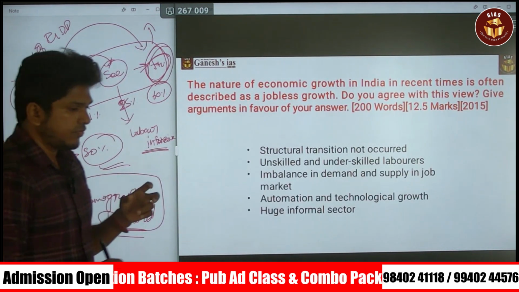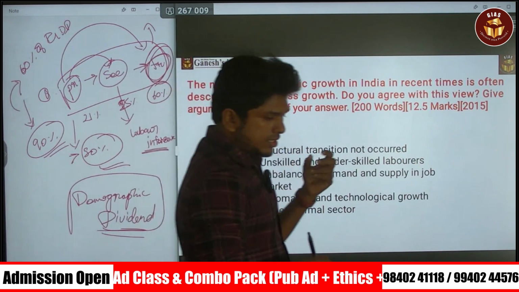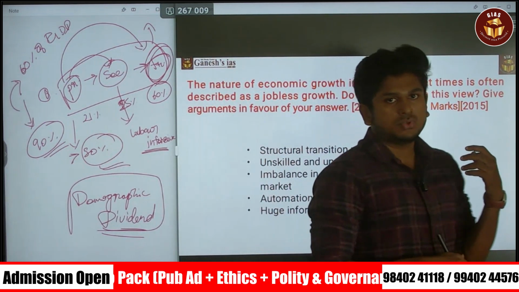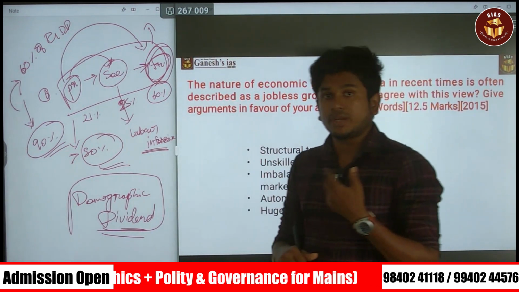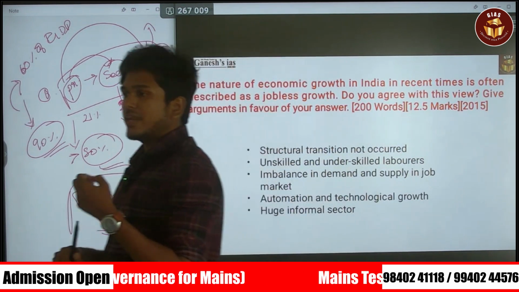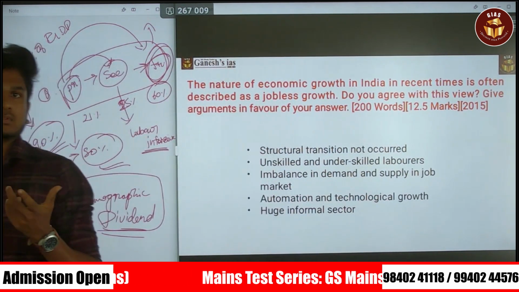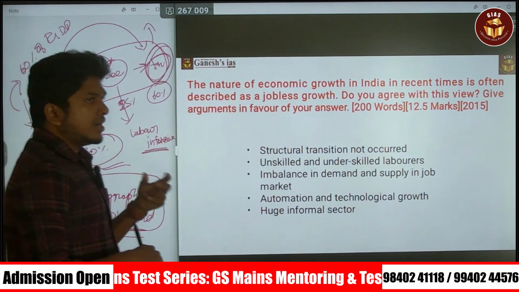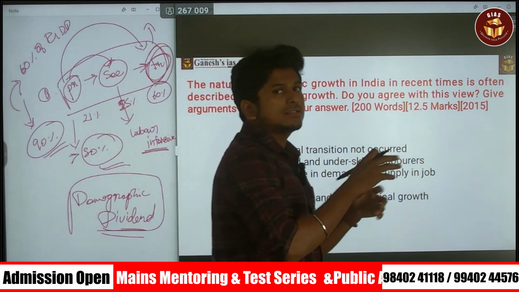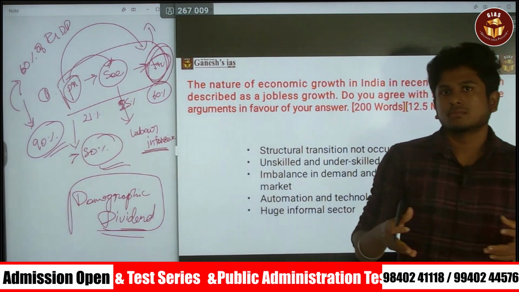So first you have to find what terminology is used. Here it is, do you agree, which means an opinion type question. Next, you have to find the keywords, and try to address those keywords in an extensive and diverse manner.